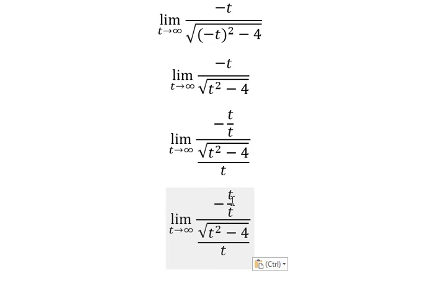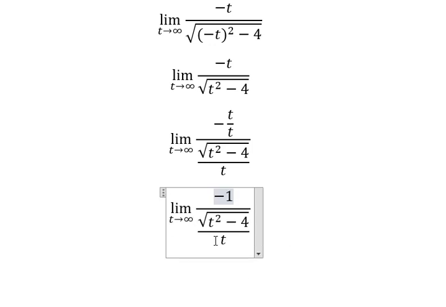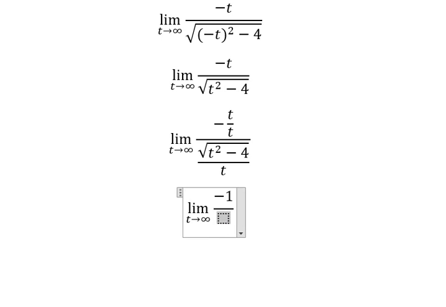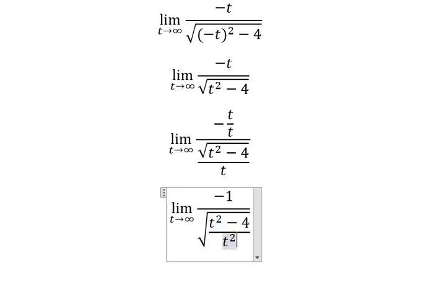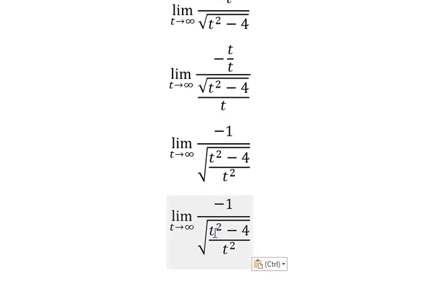T divided by t, you get number 1. About t, we go inside the square root and you get it like this. So t squared divided by t squared, and 4 divided by t squared in here.